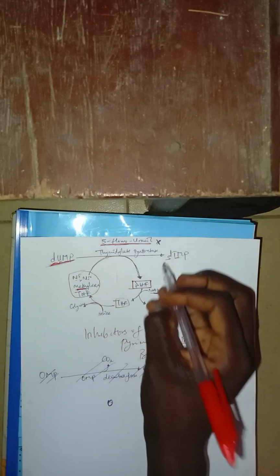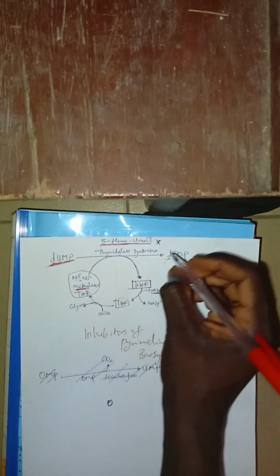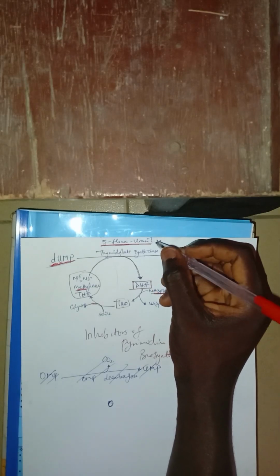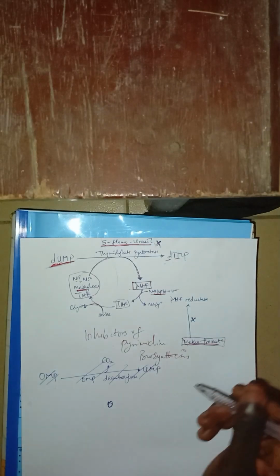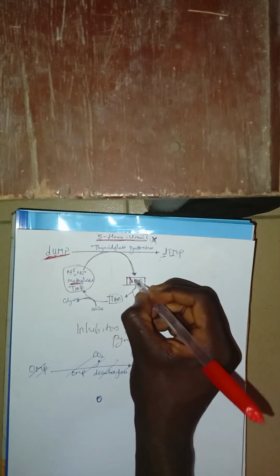The main thing I want to stress here is that this reaction is inhibited by what? It's inhibited by 5-fluorouracil. Then again, come to this side. This enzyme here basically helps us to reduce our dihydrofolate.